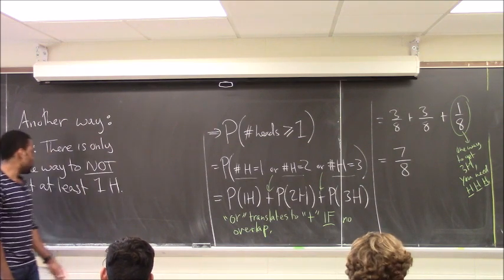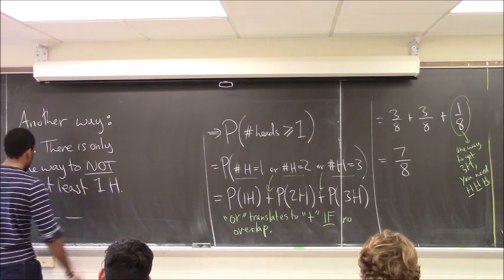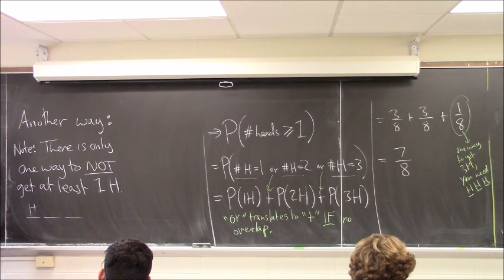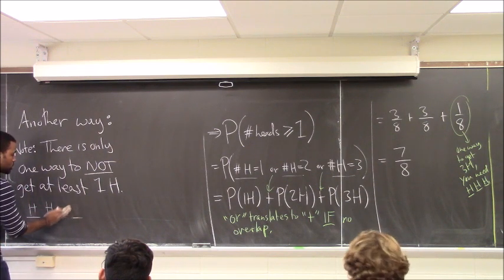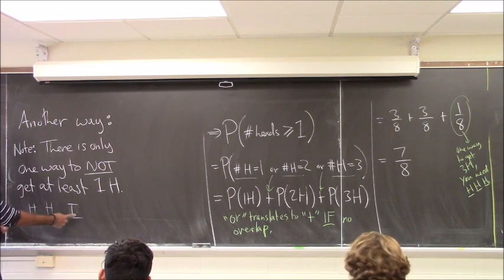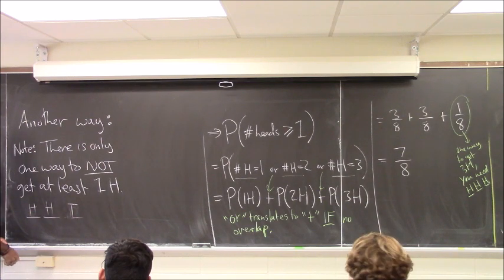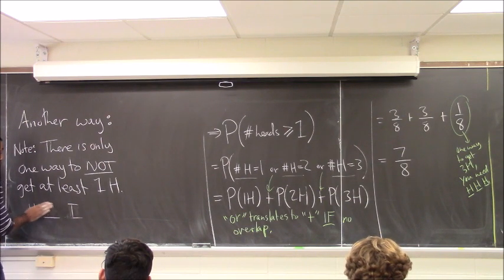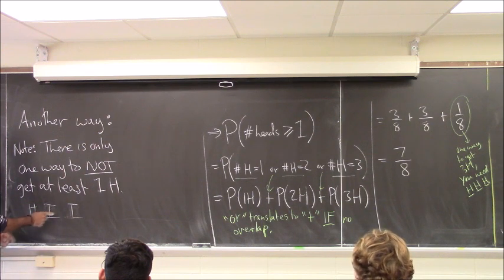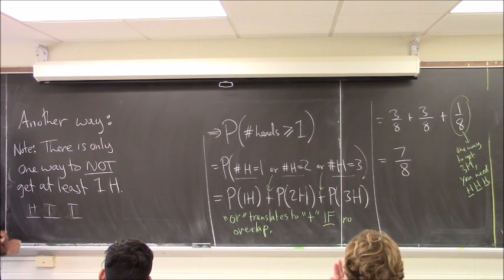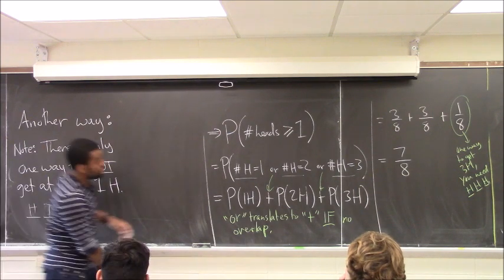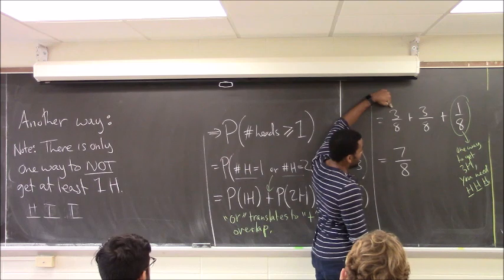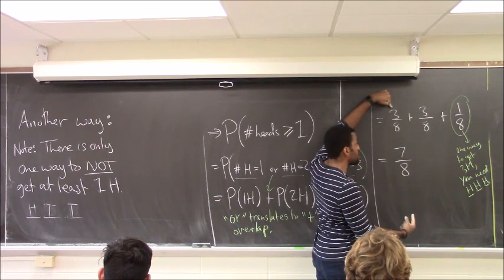So if you have a position where you're going to have one H, or 2 H's, or 3 H's, there are many ways that you can have combinations. If there's one T, the T could be in this position or that position or that position, or if there are 2 T's, the T's could be in these 2 positions or those 2 positions or those 2 positions. You'd realize that you'd have to count several positions. For each one of these, if there's only one H, there are 3 different positions that could occur.